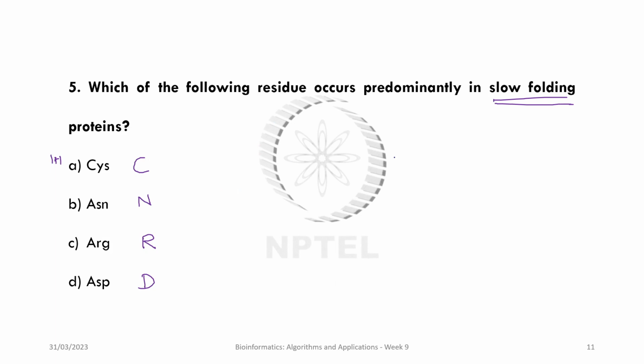So, residues that are dominant in fast folding proteins are N, Q, K, S, right?